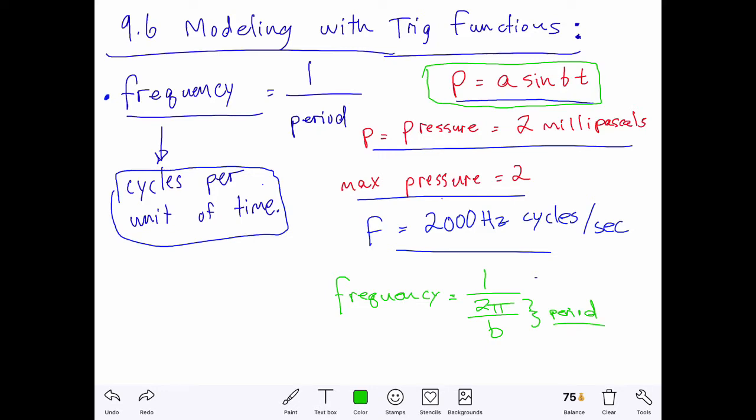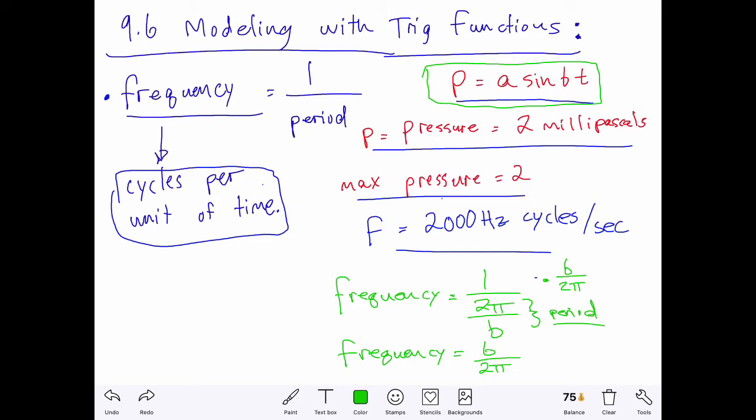So if I want to find then the frequency, well, what would I do with this fraction in the bottom? You're right, invert it and multiply, B over 2 pi. So frequency equals B over 2 pi, because 2 pi times 1 is 2 pi when we invert and multiply.